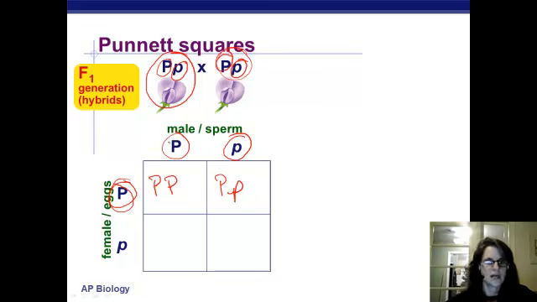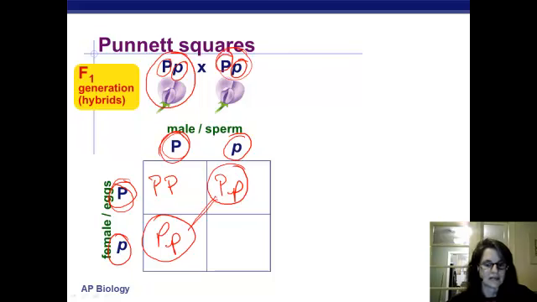But there's also a chance that dad will send little p and mom will send big P, so we get it that way. There are two ways to get this heterozygous individual, if you will. Or there's a 50-50 shot that dad will send a little p while mom also sends a little p, in which case the offspring would show up like this.